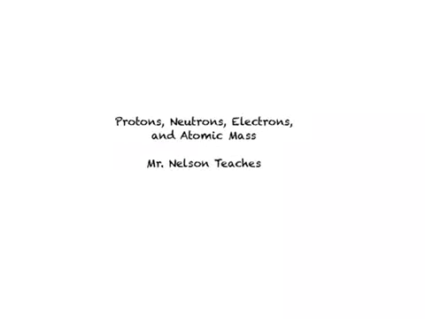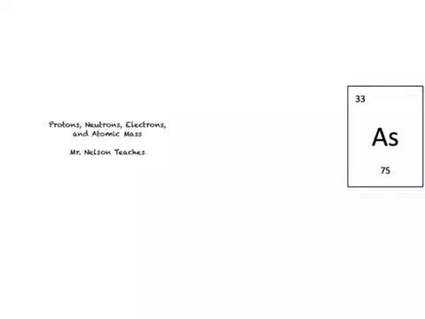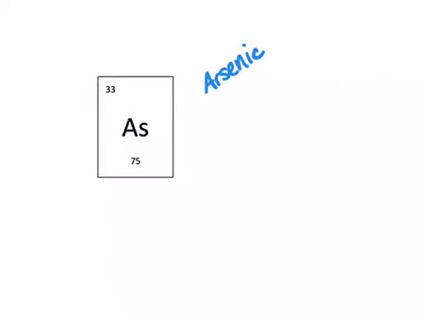Today we're going to look at protons, neutrons, electrons, and atomic mass. And this is pretty much the most basic idea in chemistry. An atom is made up of protons, neutrons, and electrons, and all of that comprises its atomic mass.